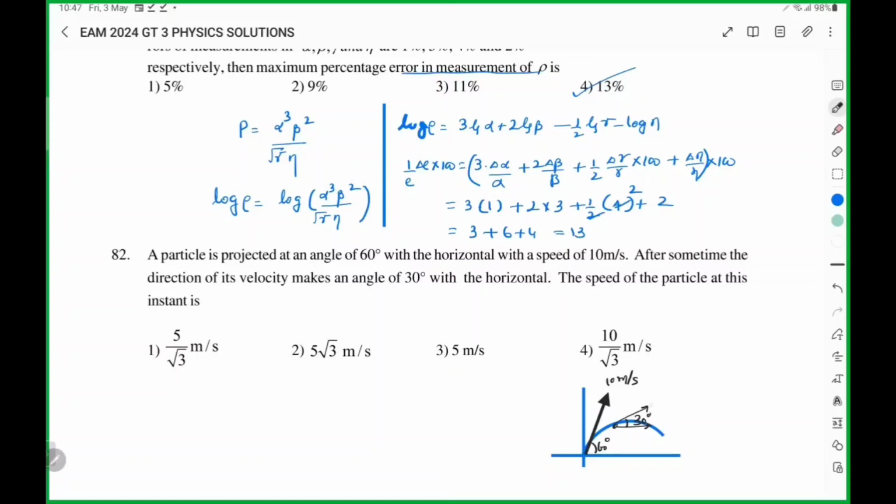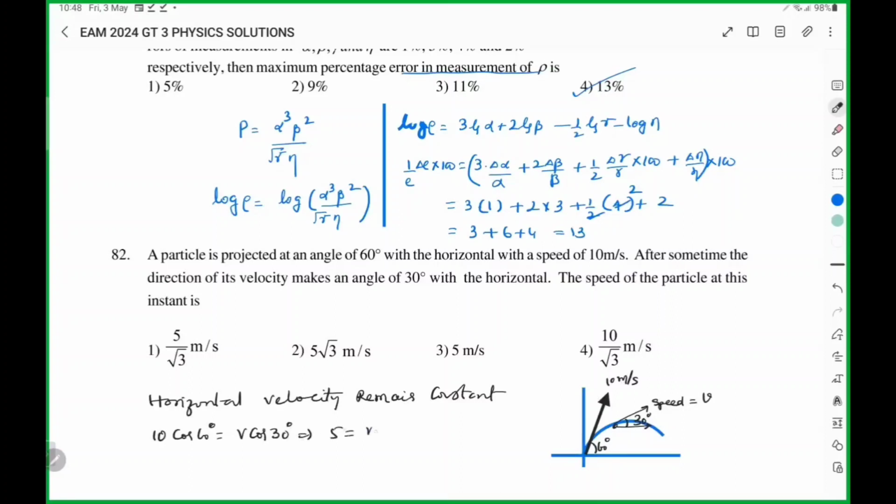Speed of the particle is, let us say, v. Horizontal velocity remains constant. It is 10 cos 60 is equal to v cos 30. So v here is 10 by root 3 meter per second.